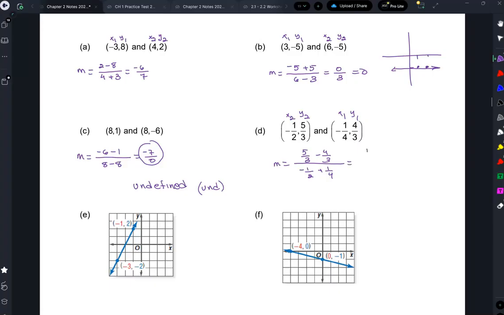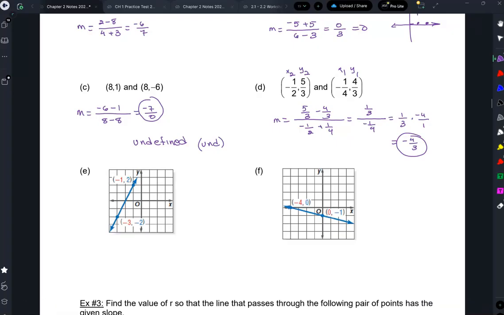So this is 1/3 over, how much is this? -1/4, right? 1/2 minus 1/4 is 1/4. So this is 1/3 times -4/1, -4/3. Have to simplify.